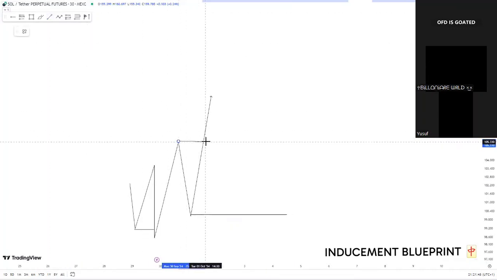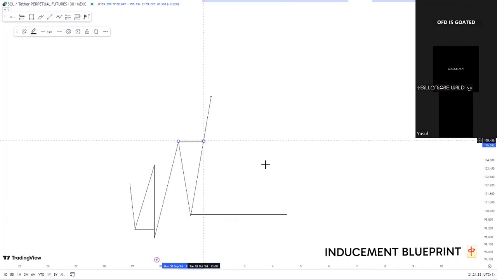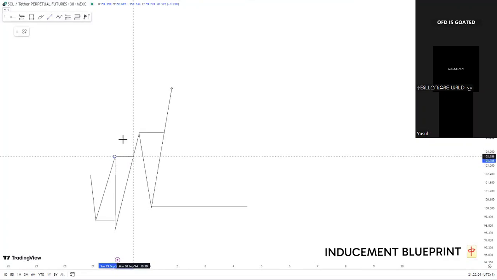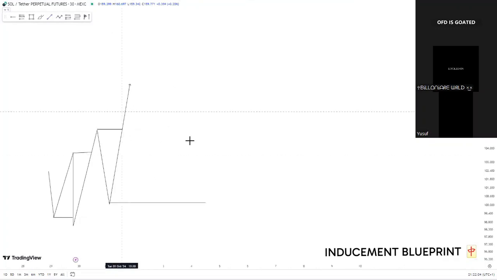So now this entry model will have both the type A and the type B, or we'll have the A plus and the B plus. So now let me just map out the B plus, and then you guys should check out the difference between the A plus and the B plus. So basically, this is the A plus model. So this is the B plus model, the B plus entry model.